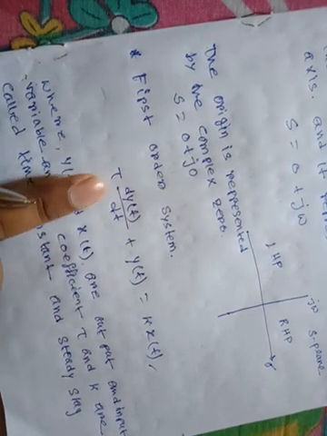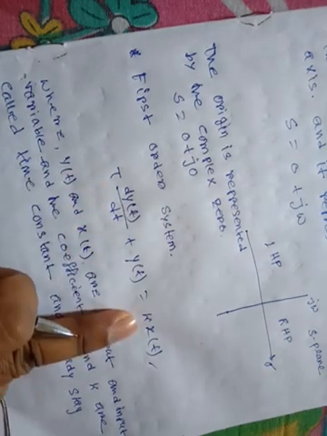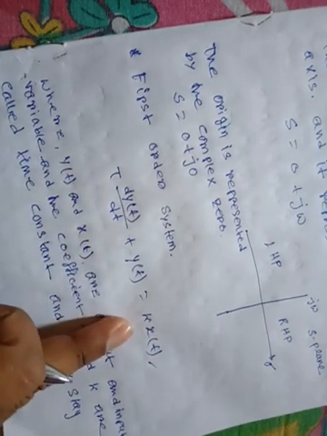Here tau is called the time constant and k is called the steady state gain.